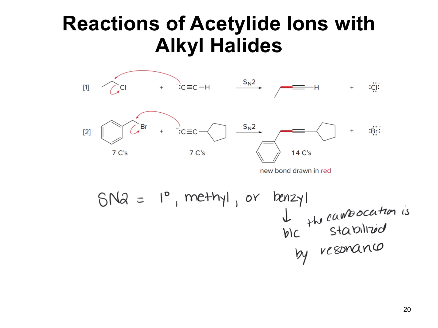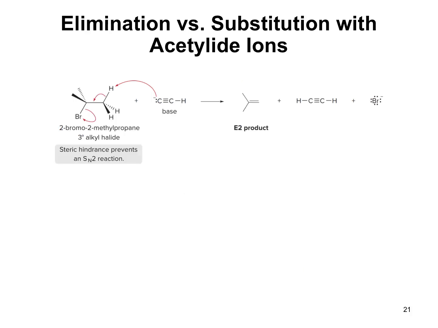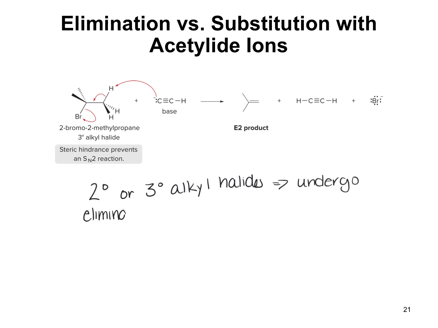All right. Now, let's talk about elimination reactions. Steric hindrance around the leaving group, like what we would see here, causes secondary and tertiary alkyl halides to preferentially undergo elimination by an E2 mechanism. So if you have secondary or tertiary alkyl halides, they undergo elimination by an E2 mechanism.